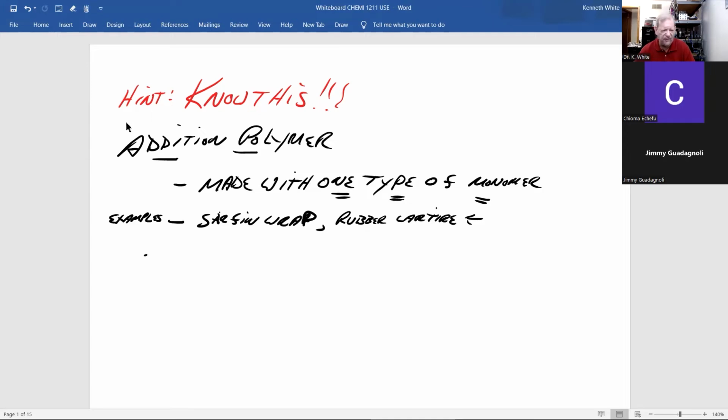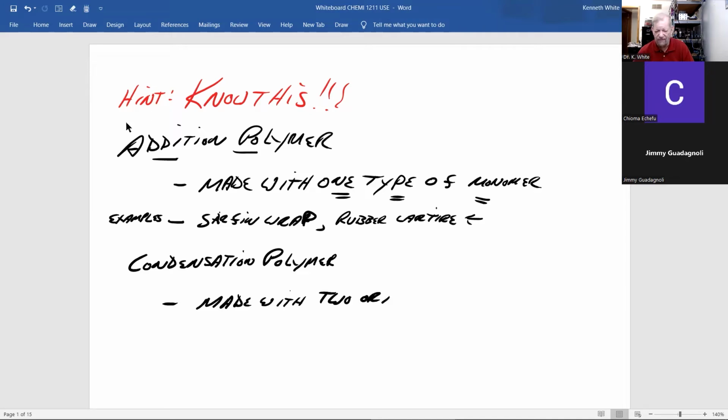Now, the other type is condensation polymer. Condensation, condense, bring two things together, is made with two or more types of monomers.